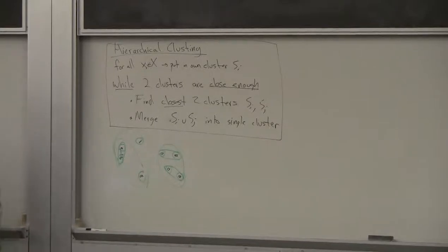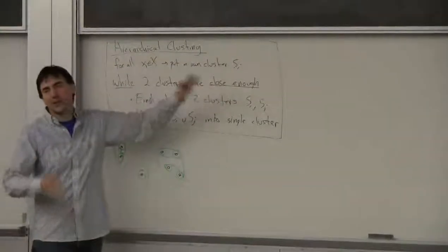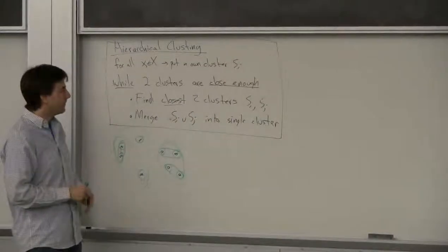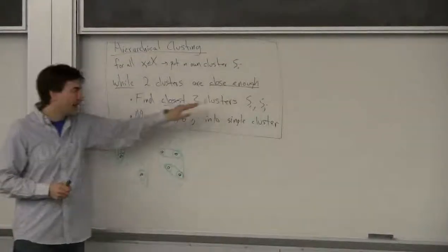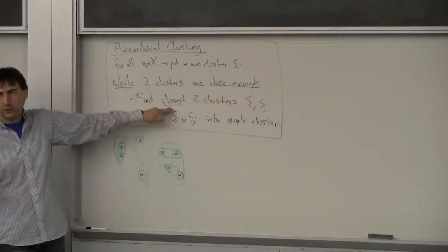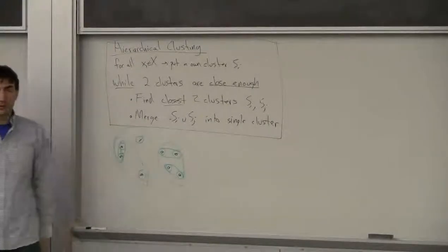Yeah. How do you decide what is close enough? Good, right. That's why there are two things I underlined here which are too vague. One is close enough, and the other is how do I define the closest two clusters? I have not defined what either of these mean yet, and that's a very good question.